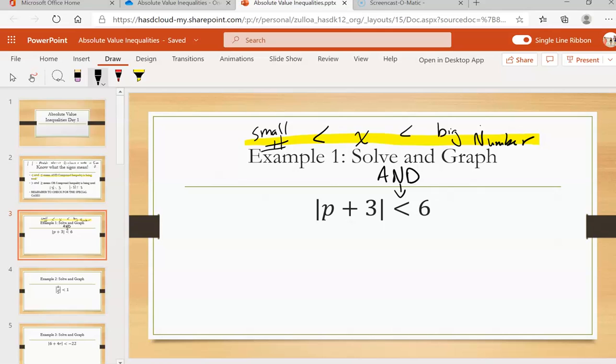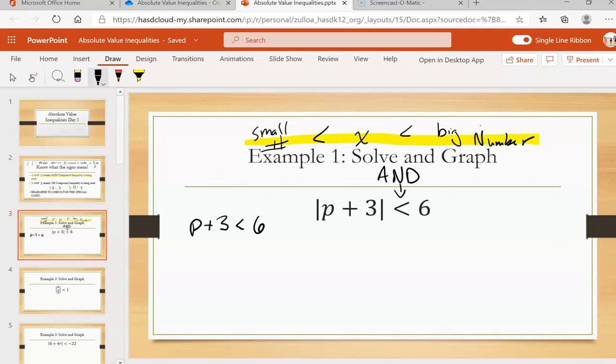Once the absolute value is by itself on the left, you determine whether it's an "and" or an "or" problem. And then you do this first step. The first step is always the same. You just remove your absolute value bars. So without the absolute value bars, you have p plus 3 is less than 6. Okay, that's your first step.